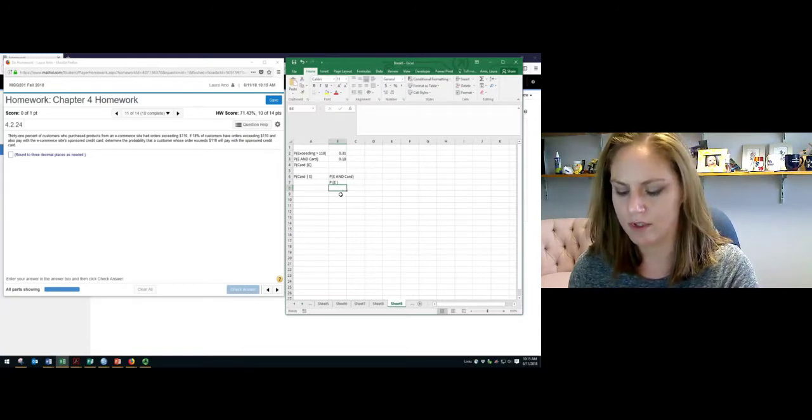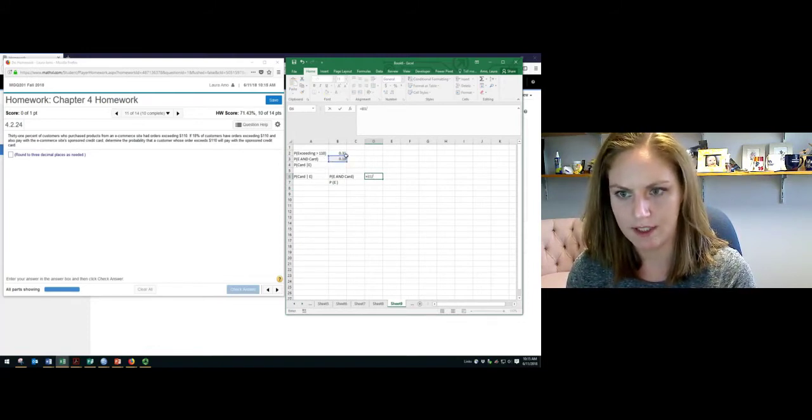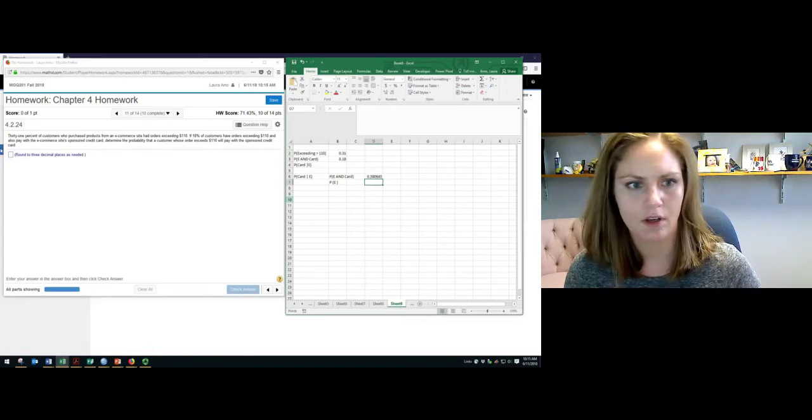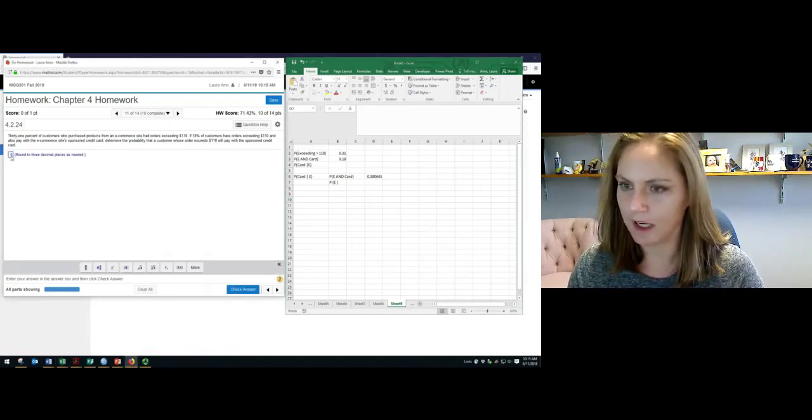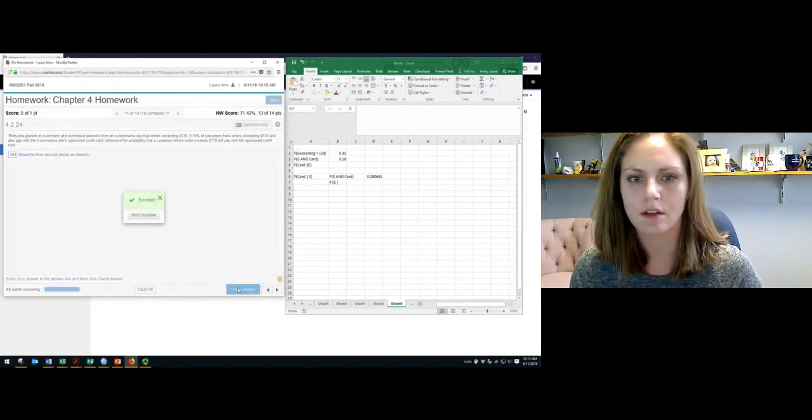So that's simply the probability of E and the card, which is this, divided by the probability of it exceeding, this. And so this should be about 0.581, 3 decimal places. Great.